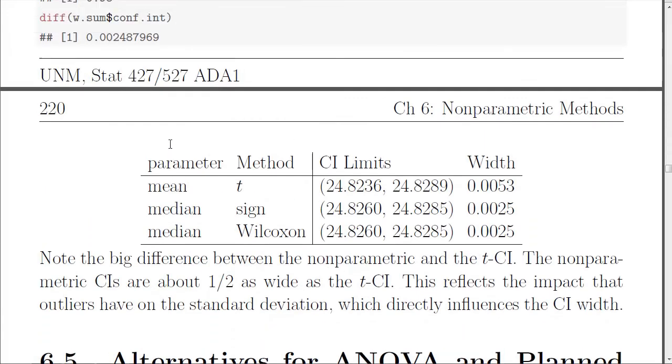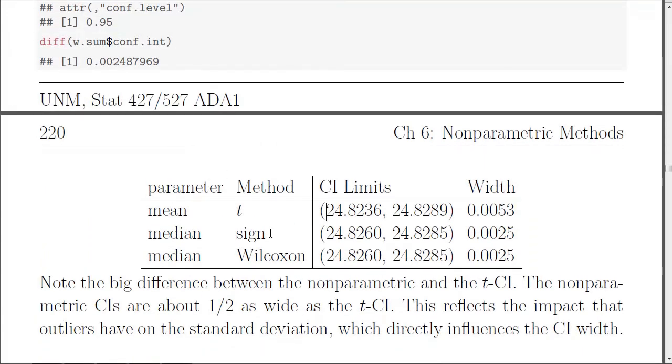If we put all that into a single table to see how these methods vary in their inference, here are the confidence interval limits, and here's the width of the intervals. You can see that for the t-test, because of the left skewness, the width of this interval is more than twice what both the sign and the Wilcoxon signed rank tests give us.